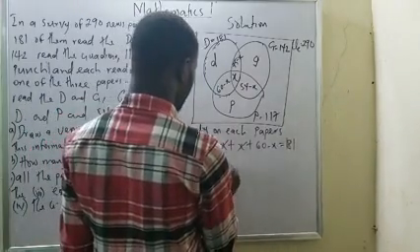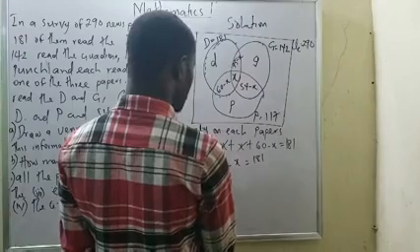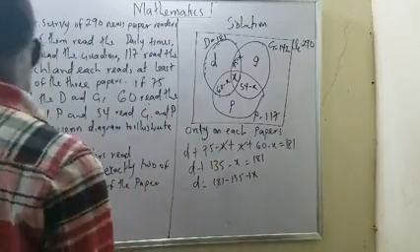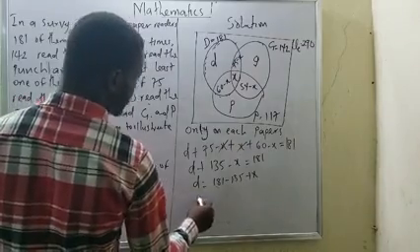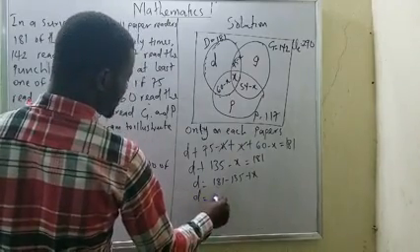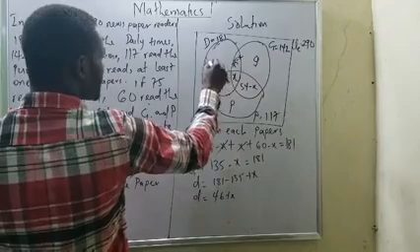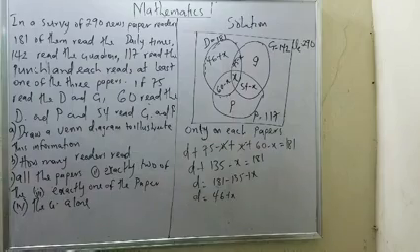It means I'll be having 135 minus X, plus D, equals 181. So D will be equal to 181 minus 135 plus X, which is 46. It means D only will be 46 plus X. That is for D only.